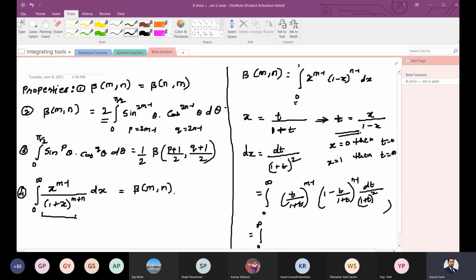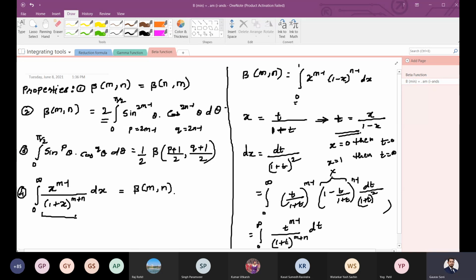So you can see that in the second one, t will get cancelled out and you have simply 1 upon 1 plus t. So minus 1 and plus 2. So denominator is going to be 1 plus t raised to m plus n. What will be the numerator? In this one, there is simply numerator as 1. So this won't contribute. This is simply t raised to m minus 1 dt.